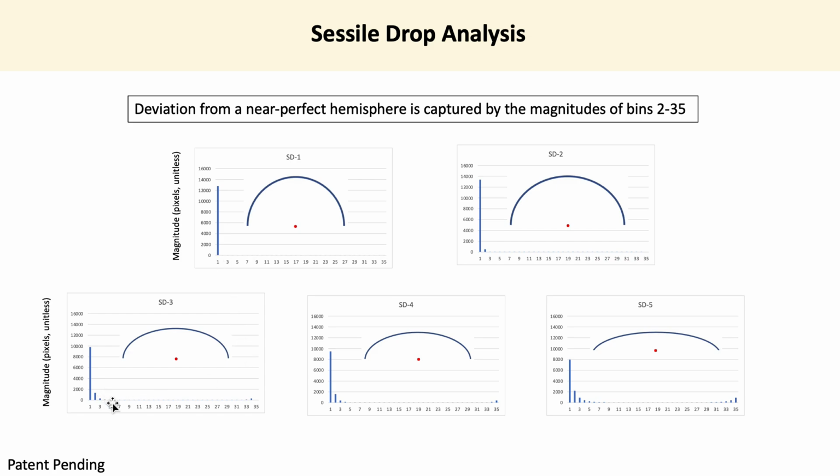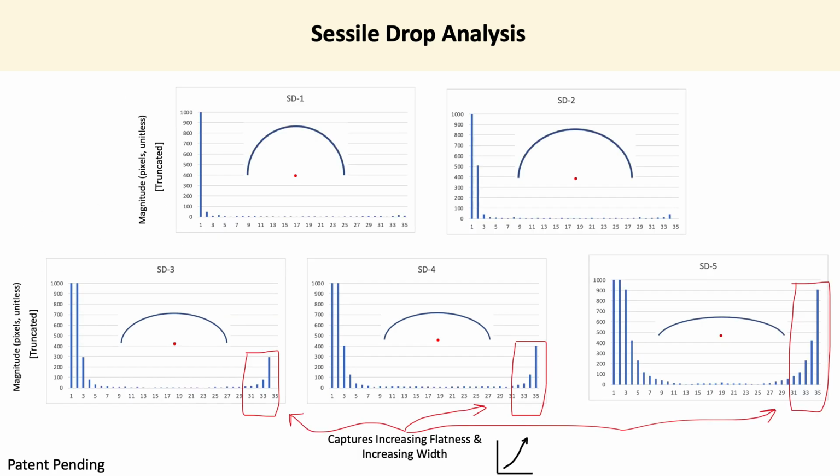As you can see here, bins 2 and on begin to be activated. It's hard to see when the graphs are scaled to this degree. So let's zoom in, and when you zoom in by truncating the y-axis, you see even more insight.